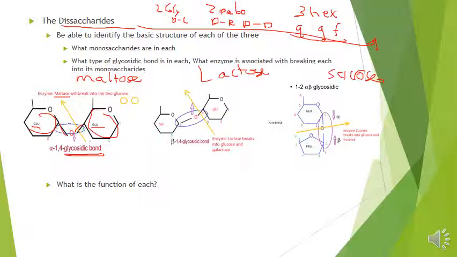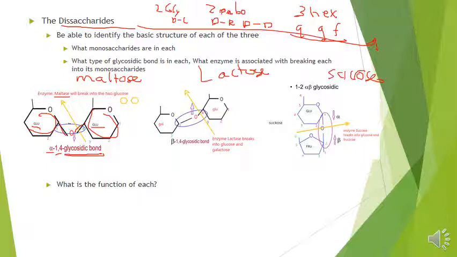So 1, 2, 3, 4. And it's attached to the 1st carbon over here, so it's 1, 4. Since this bond is pointing down, just like when we were talking about alpha and beta, down was alpha, it's an alpha 1, 4 glycosidic bond.